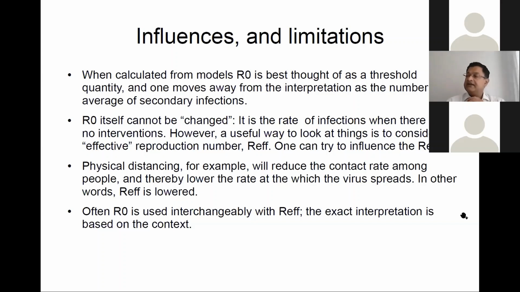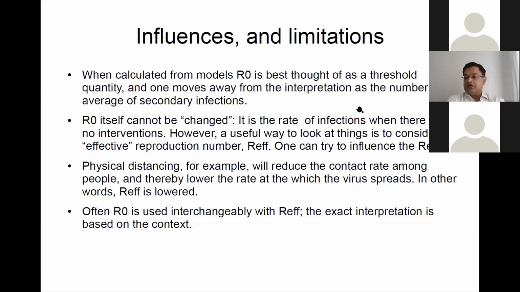And that's not reality. The reality is going to be somewhere different from that, and we'll see in a minute. But it does make the point that in a theoretical sense, things like physical distancing can reduce R0, and that it is essentially lowering R effective, and we will use that interchangeably with R0, and the interpretation will be based on the context in which it is used.